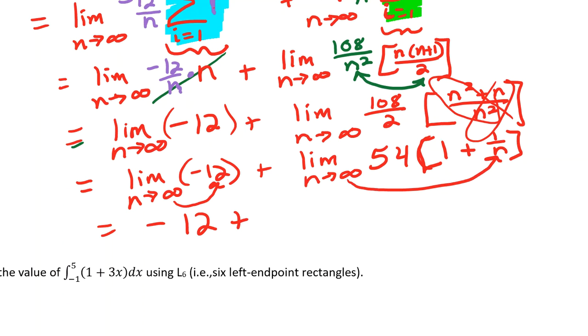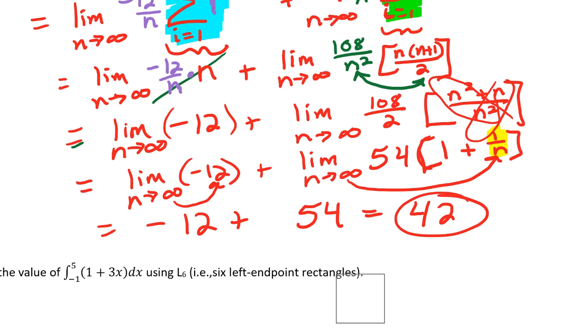This fraction, when the denominator gets huge, goes to 0. So all we have left is the 54 times the 1. So this term is a 54. So I hope our answer is 42, if we didn't make any algebra or arithmetic errors.